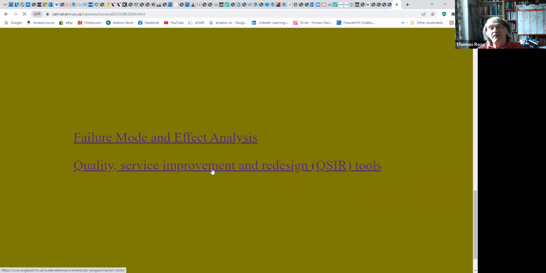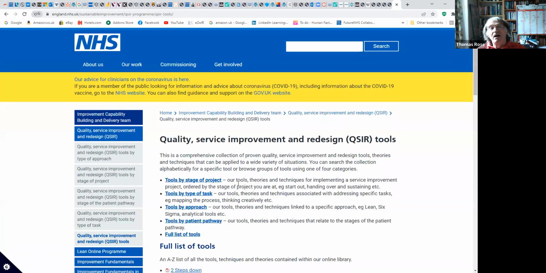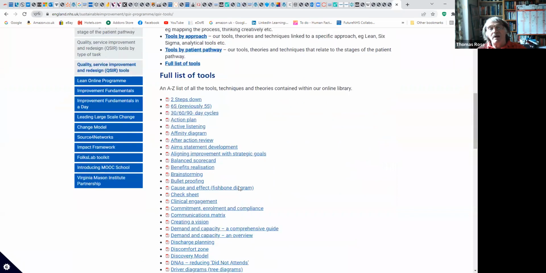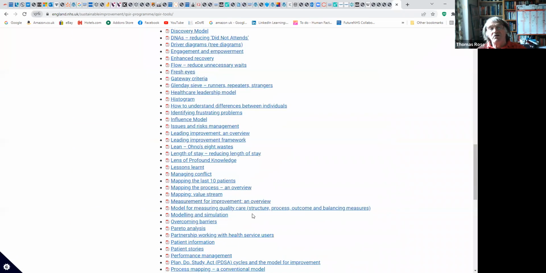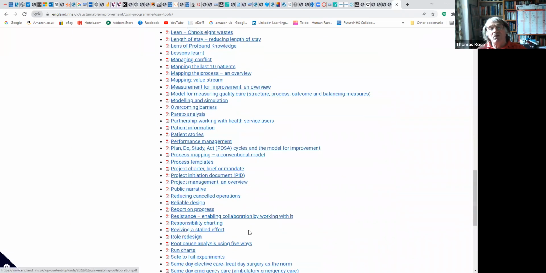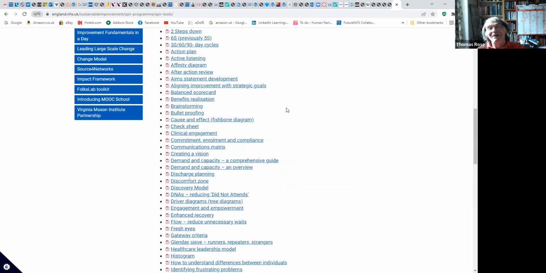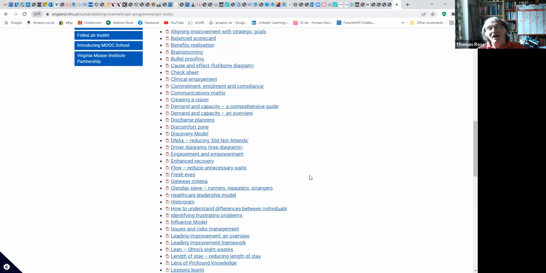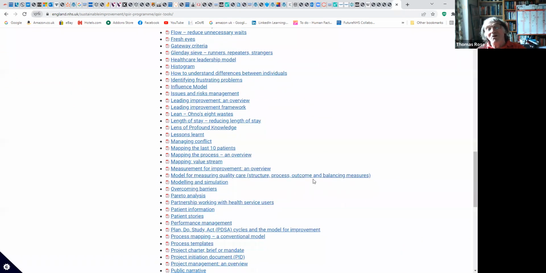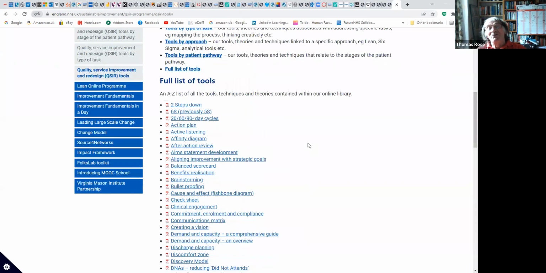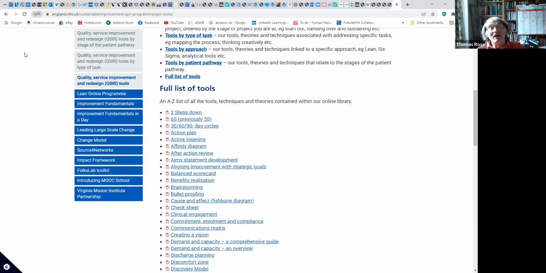There's links here. They're all listed on an NHS website, and there's hundreds of them. Most of them are totally irrelevant, but they are all there, and you can take your pick. You certainly don't need that many tools to either do an improvement or a redesign, but they're all there, and you can pick and choose.